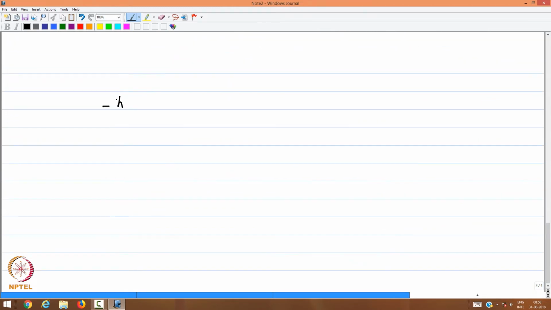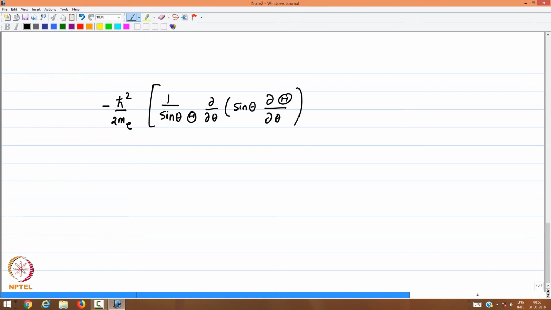It is a minus h bar square by 2 m e, 1 by sin theta, and the capital function theta, dou by dou theta of sin theta dou capital theta by dou theta, plus 1 by phi sin square theta, dou squared by dou phi square of the capital phi function, plus beta.